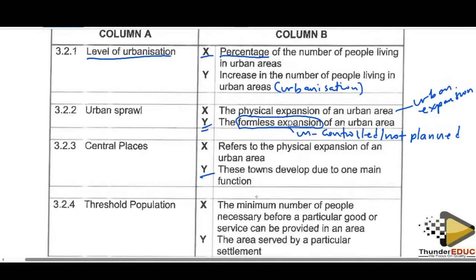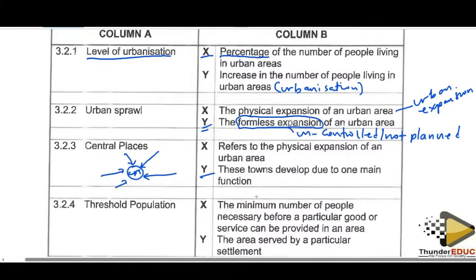For example, maybe it is an educational town, meaning there are a lot of schools, universities, colleges. It will be offering services to all these surrounding places.